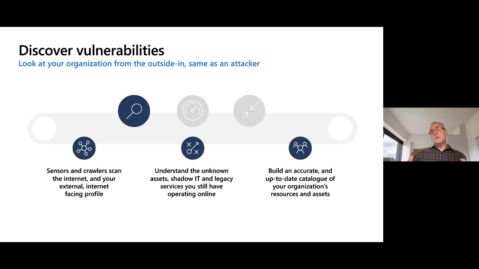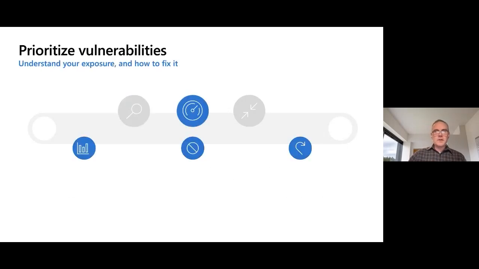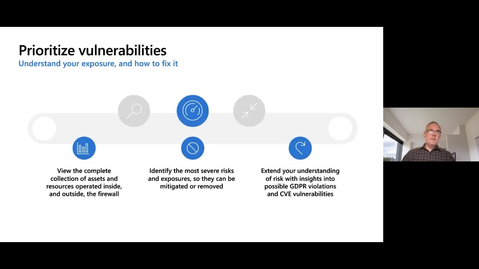But a lot of times what this will do is help us find the external, very fringy outward parts of an attack surface. And that helps teams discover stuff that they had no idea was part of their organization. And through that, we build this accurate, up-to-date catalog of your organization's resources and assets. Michael?